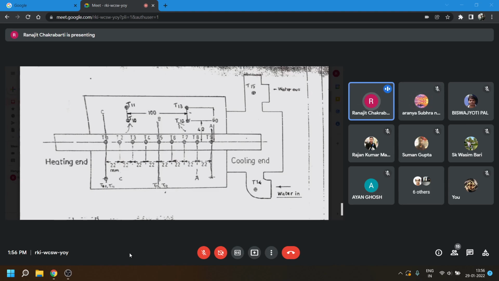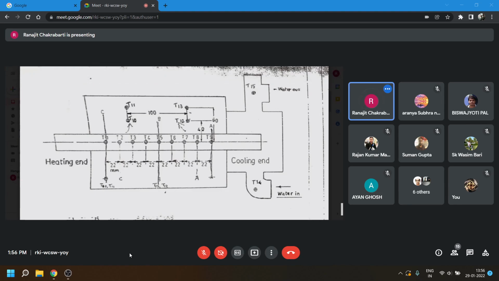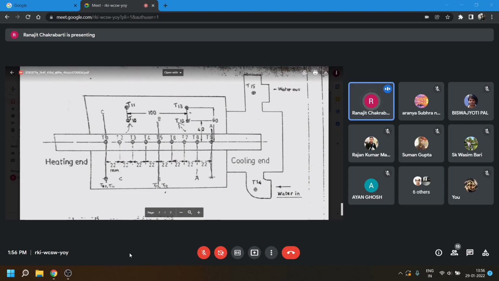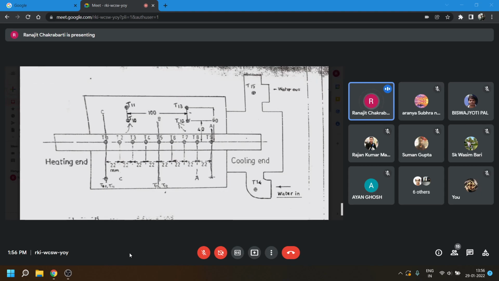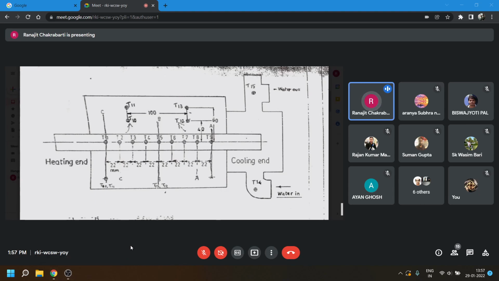Similarly, we go to section CC. Same exercise. This q dot BB, that is the heat which is flowing out to the section BB, plus whatever heat is lost between CC and BB sections in the radial direction through the insulating powder.